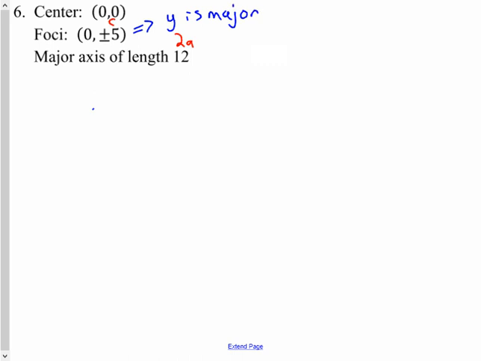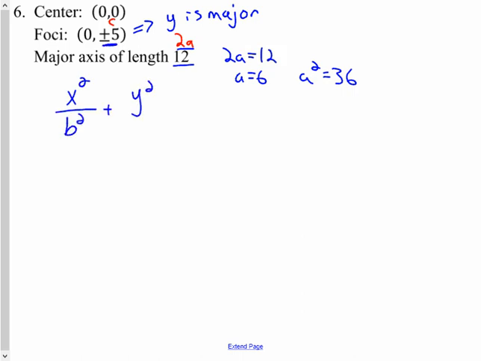And then this next part, 2a is 12. 2a is 12 gives us a is 6. So a squared is 36, right? Because that's what we're looking for. So now we have x squared over, we don't know, because y squared is the one moving, so y squared is the major, equals 1.